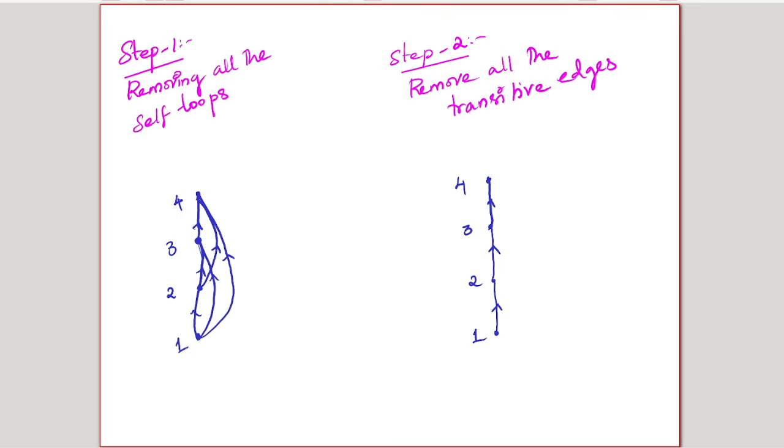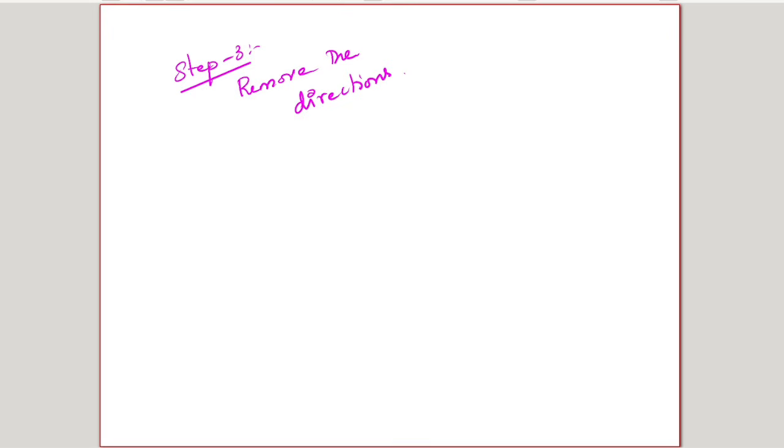Next one, in step 3, we are going to remove the directions. Since we can observe all the directions are in upward way, so we can remove the directions. Even if we remove the direction, we can understand that all the elements will be placed above the previous one.